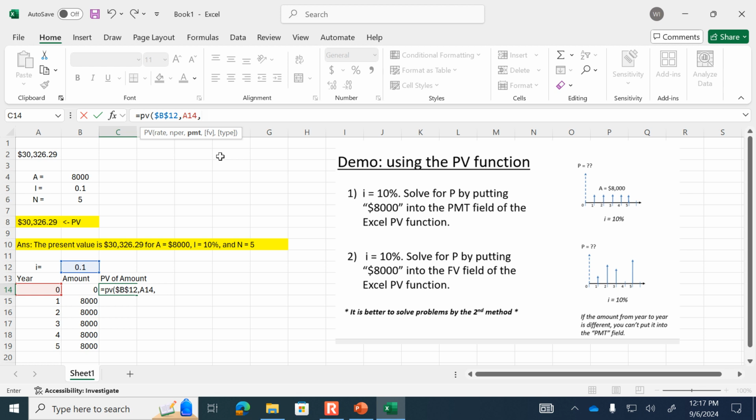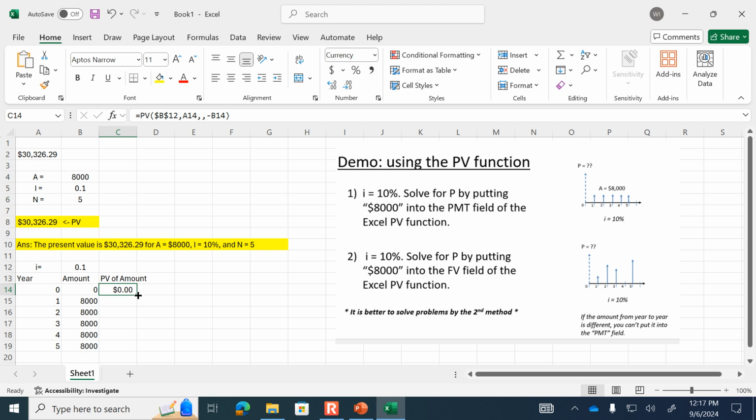Okay, so I'm going to put in the double comma to skip over the payment field, and then the minus of the amount should go into the future value field, because each one of these amounts in each row is individually going to be treated as though it's a future value.